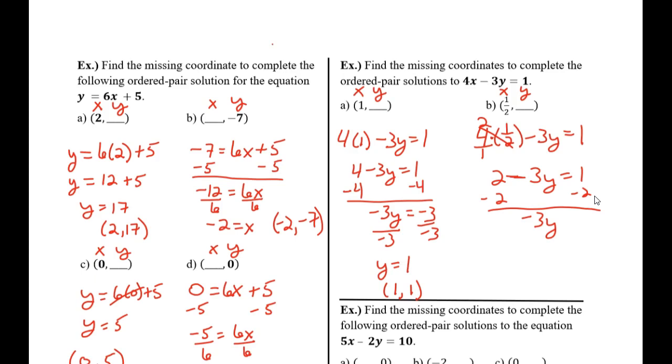That was with the 3y. And I have 1 minus 2 ends up -1. Divide by a -3. So a negative and a negative make a +1/3. And the ordered pair here is 1/2, 1/3. Again, don't be afraid of fractions. You can get them as answers.